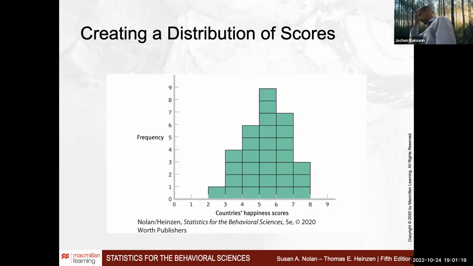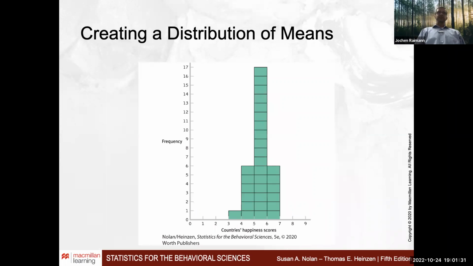So here is a distribution of the scores, which is shaped like a normal-ish kind of distribution. However, if you take now these scores and you create the distribution of the means, so you sample from these 157 happiness scores from 157 countries, you sample repeated samples.